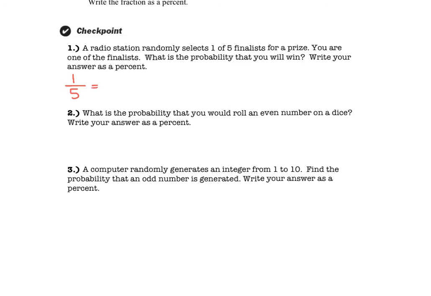To figure out what this is as a percent, we need the denominator to be 100. 5 times 20 is 100, so if I multiply both the top and bottom by 20, I have an equivalent ratio. That would be 20 over 100. So the probability that you win, again, I write P and then in parentheses my desired result, would be a 20% chance.